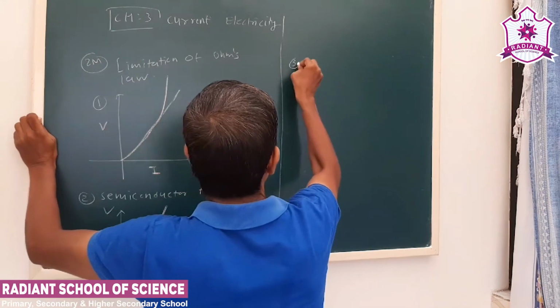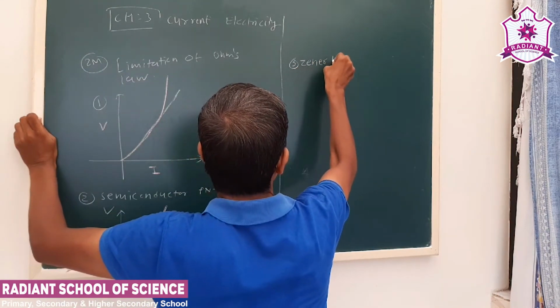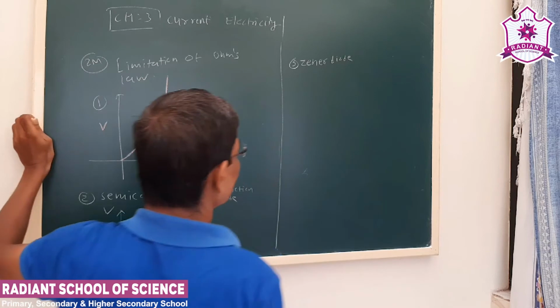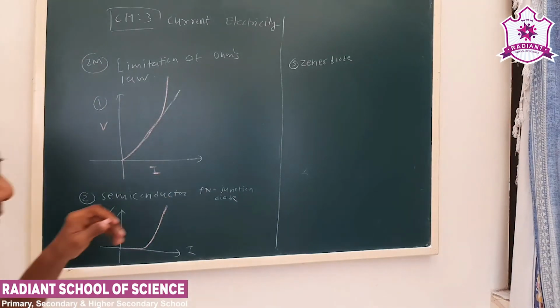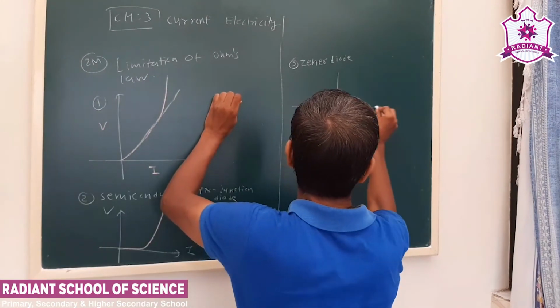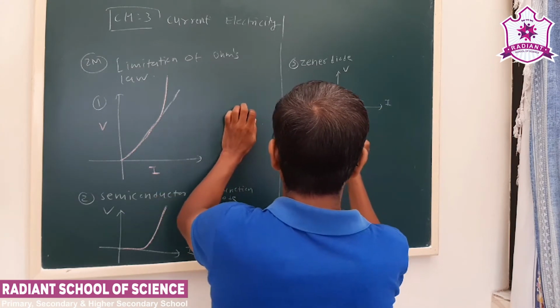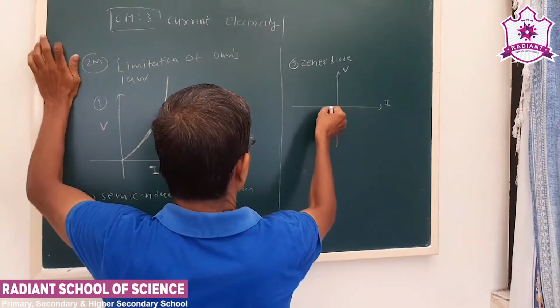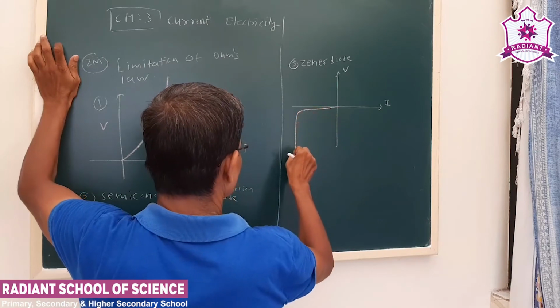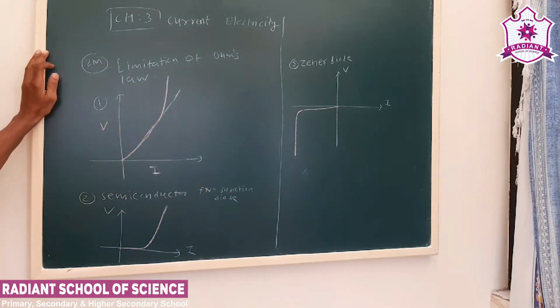Now, similarly for the Zener diode, see the voltage versus current graph relation is like this. So in that case also Ohm's law is not obeyed.